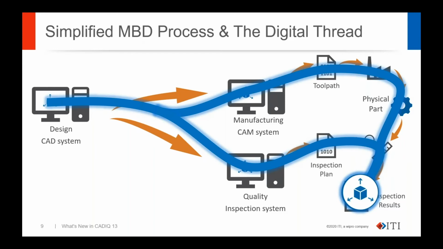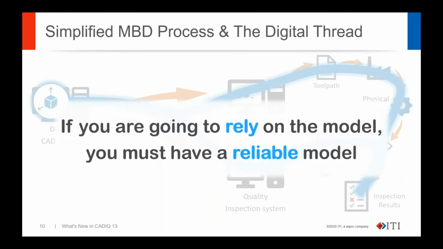So that makes the CAD models themselves critically important. And we like to say here at ITI that if you're going to be relying on your model heavily for reusing it throughout that digital thread, then you need to have a reliable model.